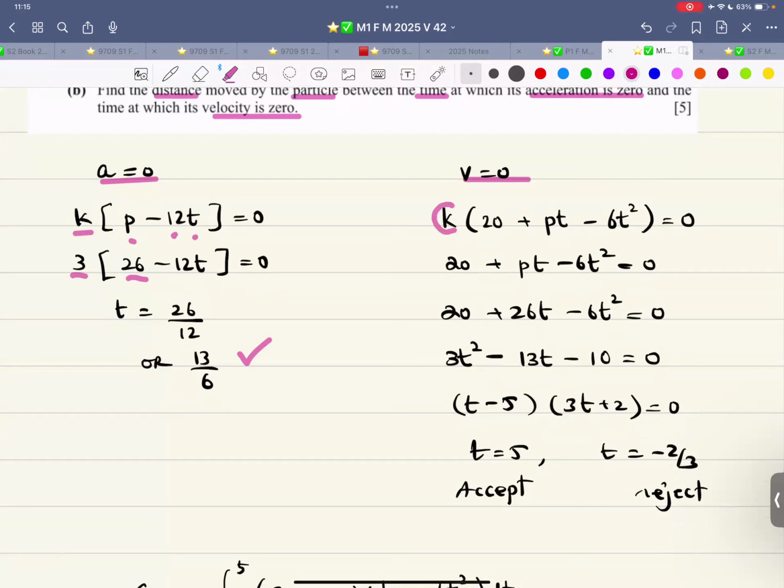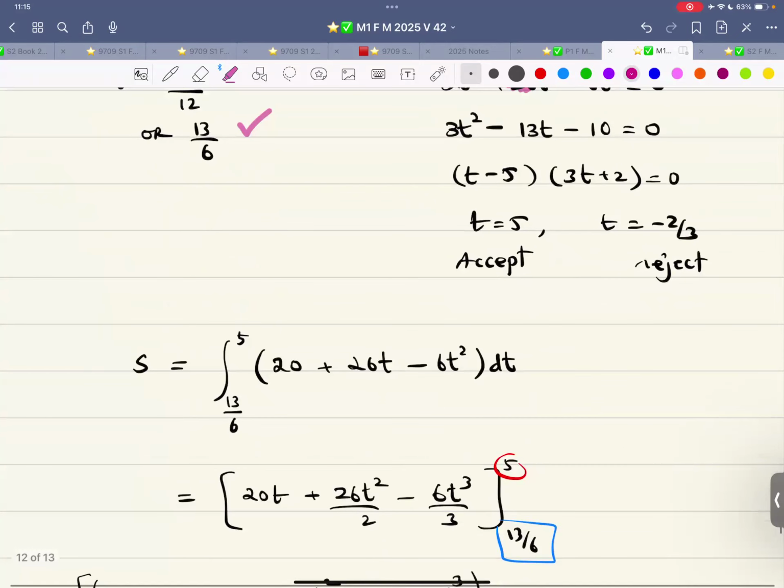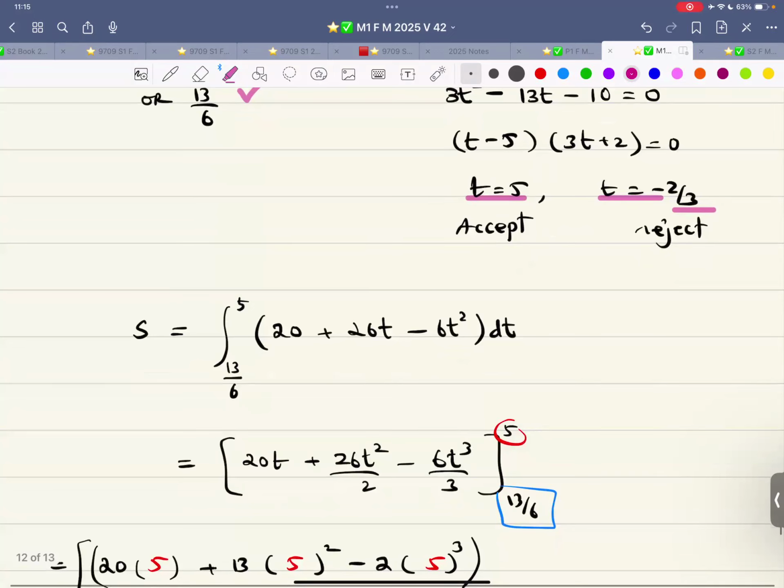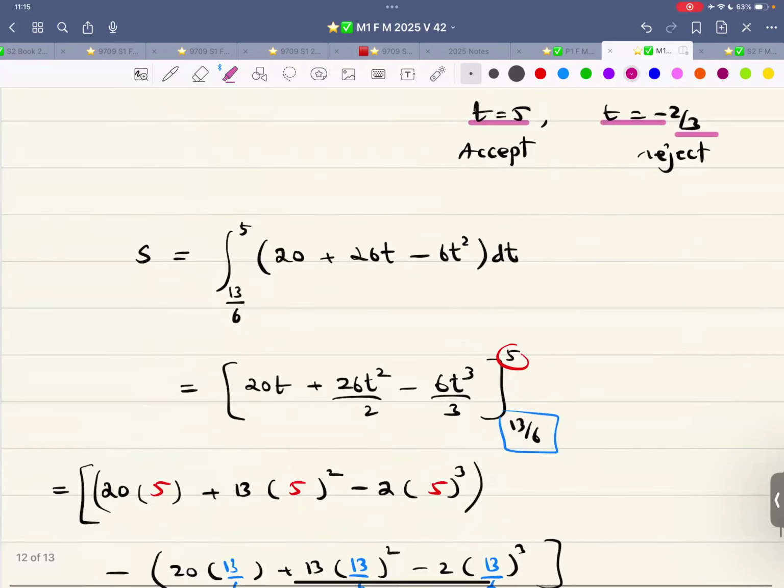I did not bother plugging in the value of k because 0 divided by k would be 0. And I plugged in the value of p. I simplified this thing. I got two answers. One answer is t equals to 5. The other answer is t is negative 2/3. So time cannot be negative, reject, accept this value.